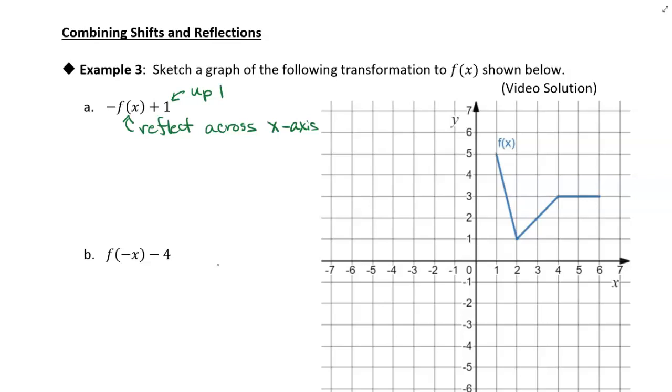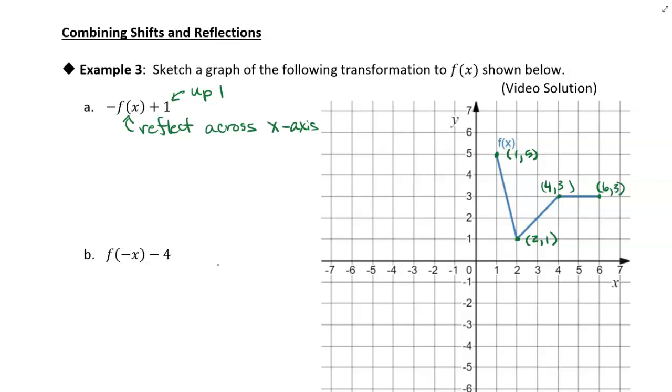All right. So we can take every point on this graph. Now you can see there are certain points that we can identify easily, right? So this is 1, 5, and this looks like 2, 1. This point looks like it's 4, 3. And then there's a point over here, looks like 6, 3.